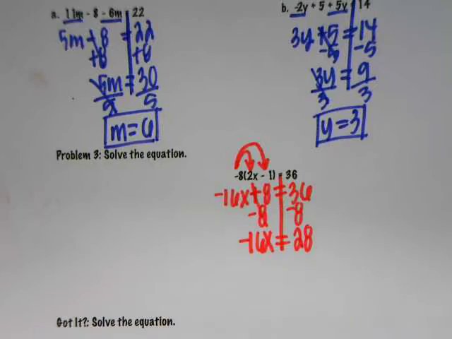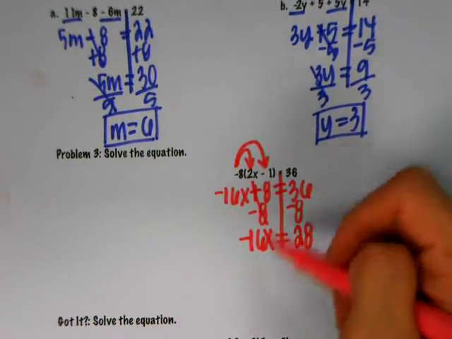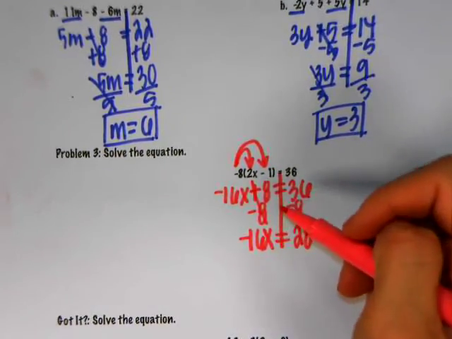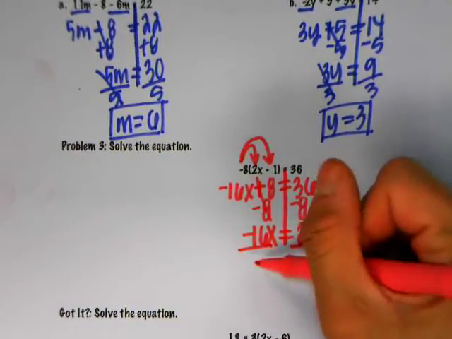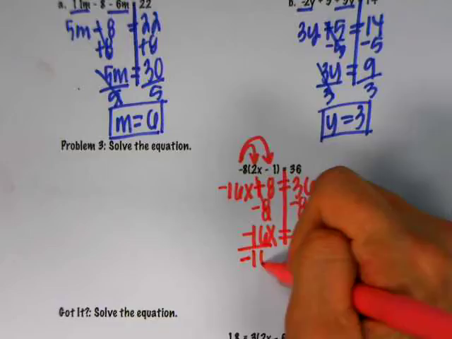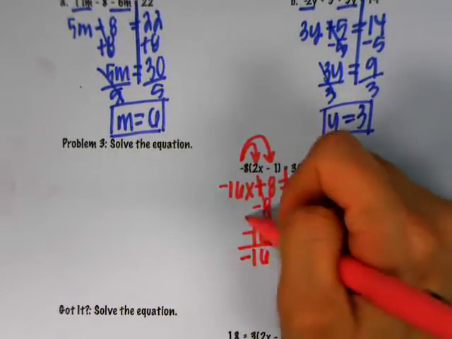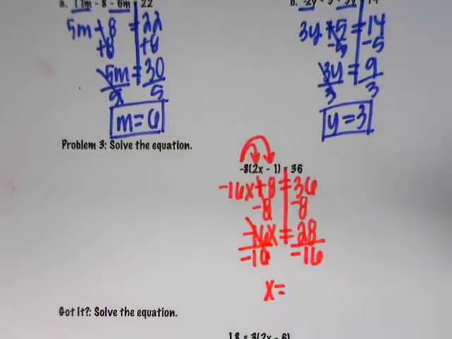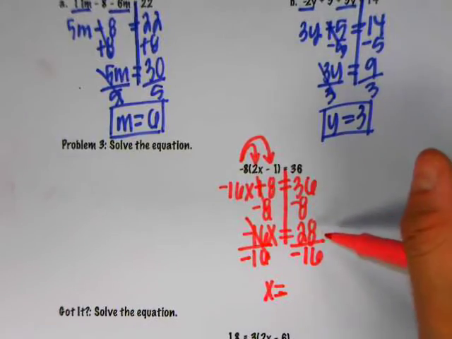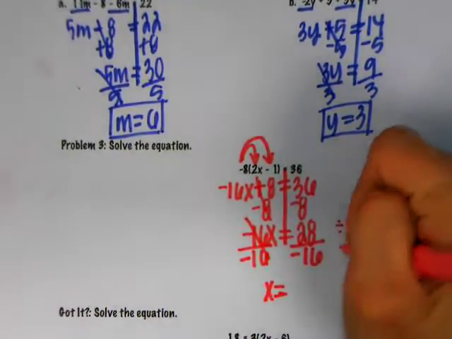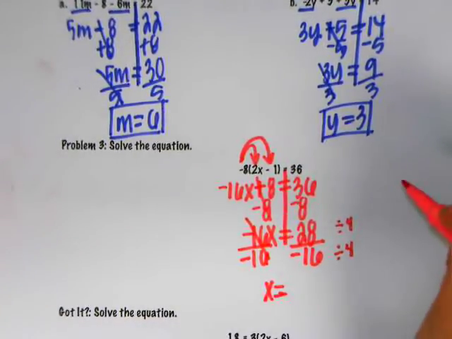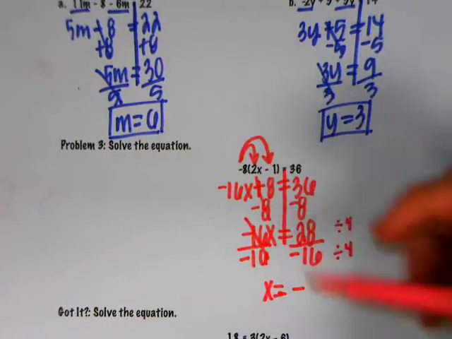Okay. So now how am I going to make that a 1x? Divide by negative 16. Yep. And then am I dividing by positive or negative to make a positive? Negative. Okay, so that's kind of gross. That's okay though. What are those both divisible by? 4? So that'd be negative 7/4.